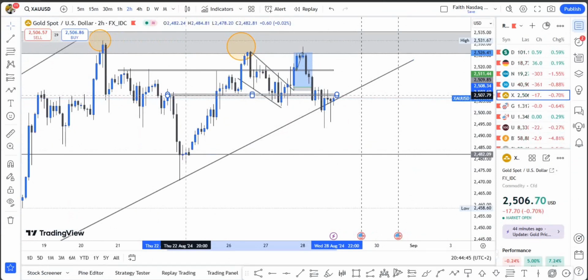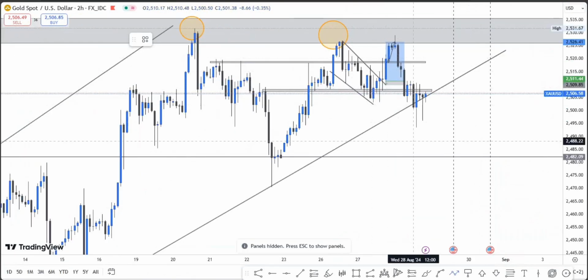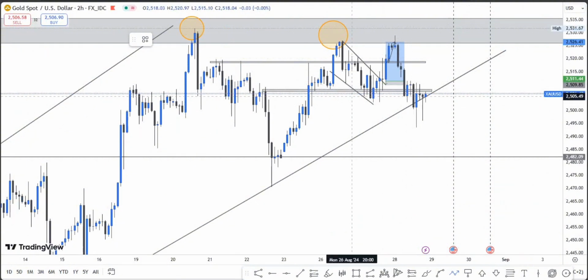So here we are actually looking forward to selling opportunities. Remember, okay, let me just do this, sorry. Like this guys, you can see the market already broke everything here. This is the 2 hour chart. So the market broke here, so this is just literally a retest here.